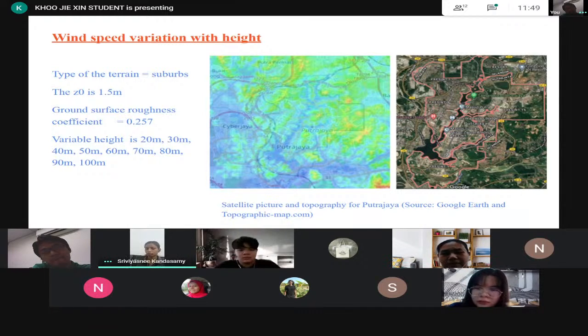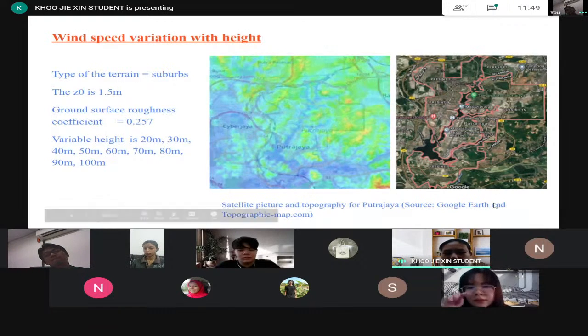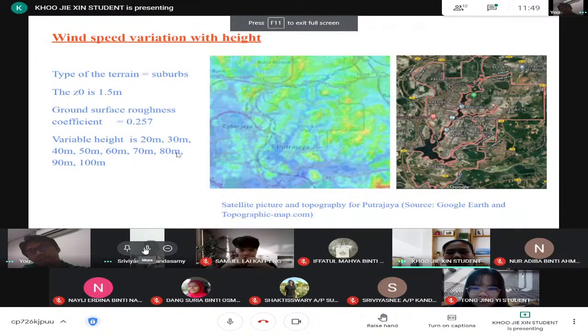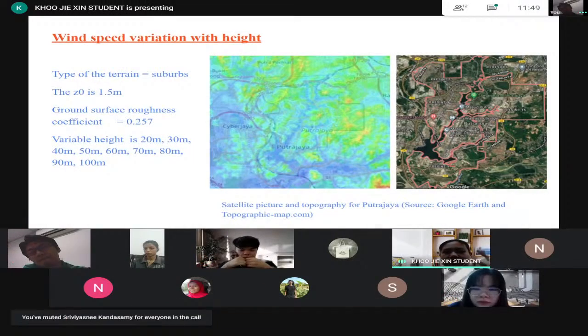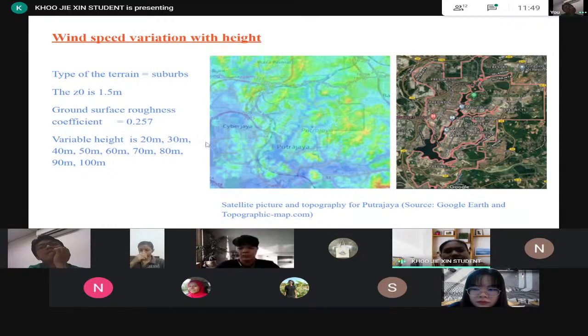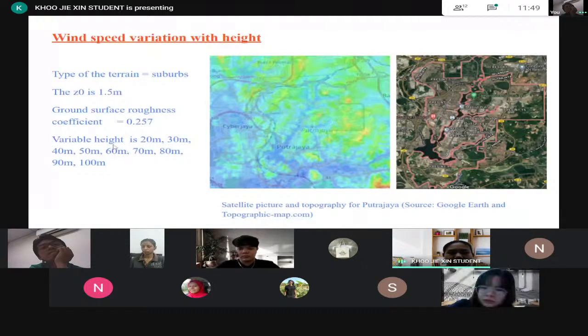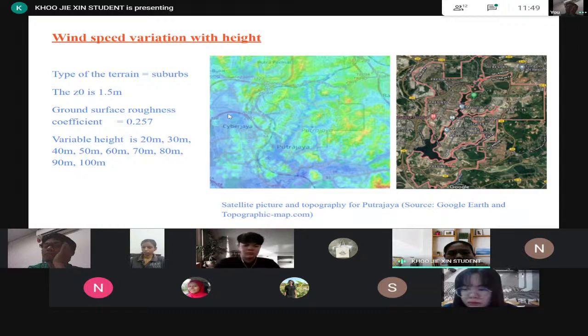As the location that we chose is Putrajaya, the ground surface roughness coefficient will affect the wind with height, by the equation v equals v0 times (z over z0) to the power alpha, where v0 is the initial velocity, z is the location height, z0 is the initial height, and alpha is the ground surface roughness coefficient.